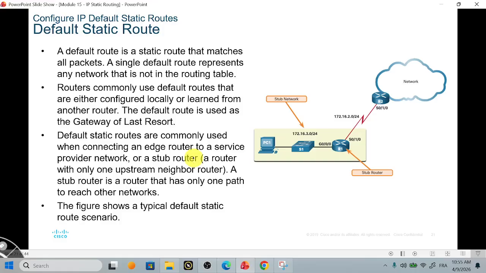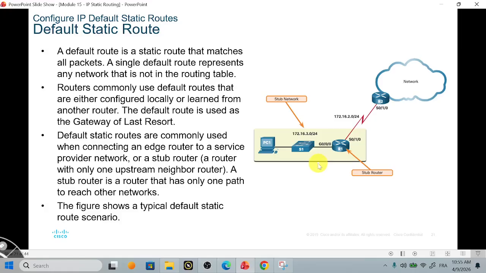The definition: a stub router is a router with only one upstream neighbor router. A stub router has only one path to reach other networks. Look, this is a stub, because it has only one path to reach all these networks.